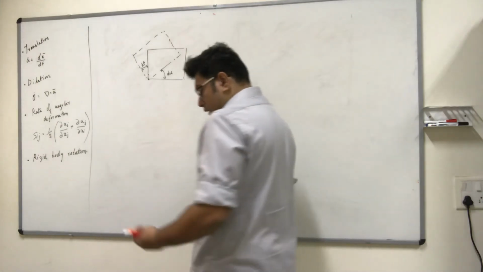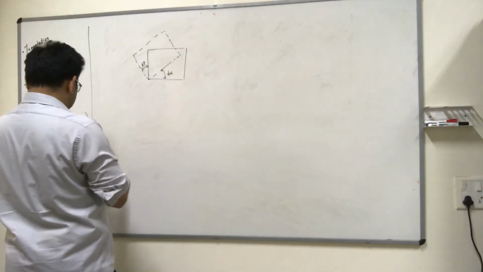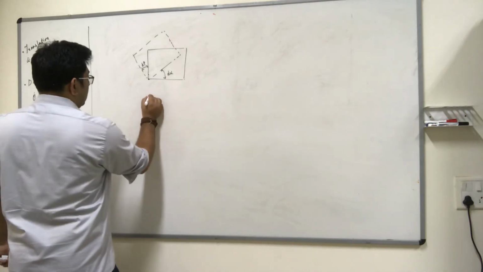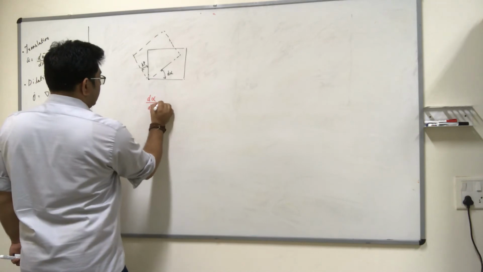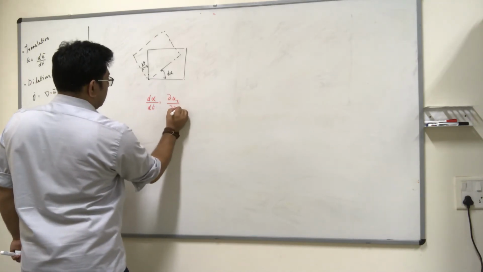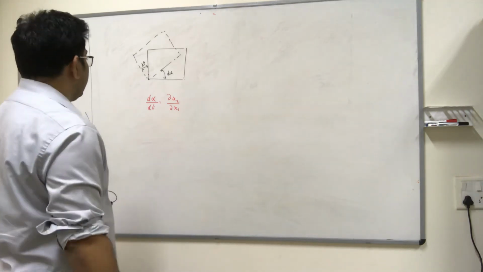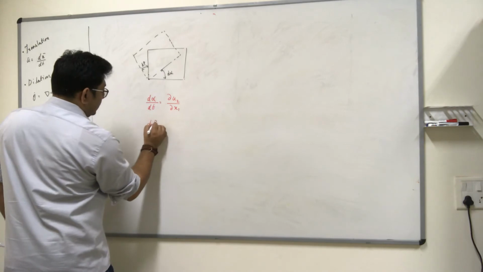So what did we get for d alpha? Last time, d alpha by dt, we got this quantity, and once again we will have d beta by dt.